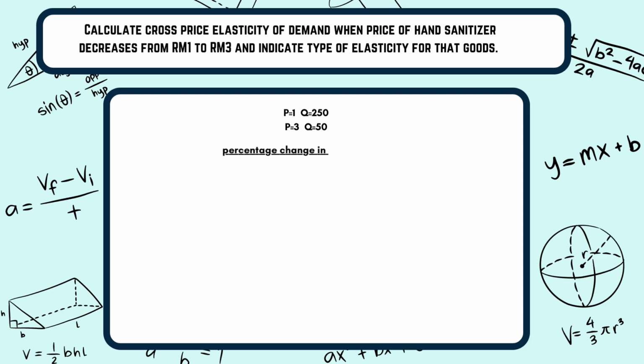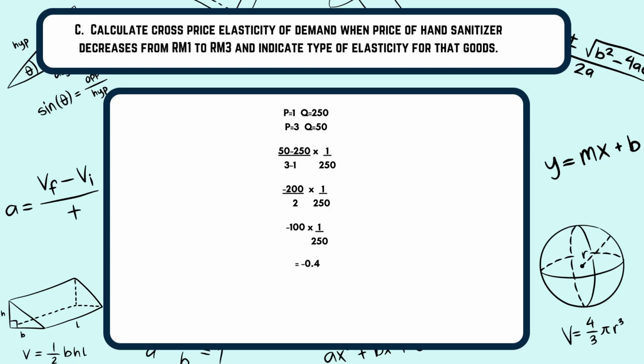The formula I use is the percentage change in quantity demanded divided by the percentage change in the price of other goods. This is the calculation part of the question. The answer is negative 0.4 because hand sanitizer has a negative cross elasticity of demand and hand sanitizer is a complement item to the mask.